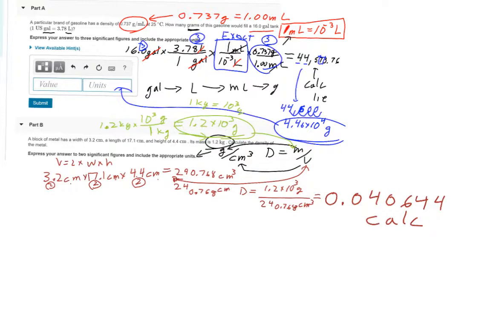1, 2, divided by, it should be like 6 something, divided by 240.768 equals, there we go.